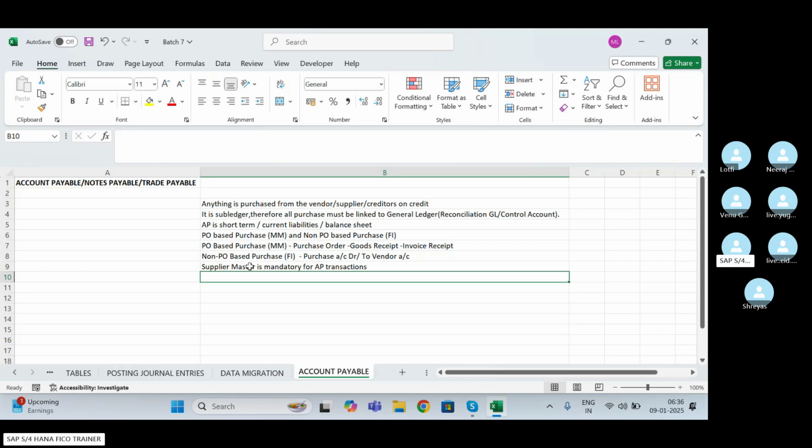Now, if all your purchases are happening in SAP, then it is an easy implementation. But these days, a lot of purchases are happening in third party tools, and they are interfaced with SAP.